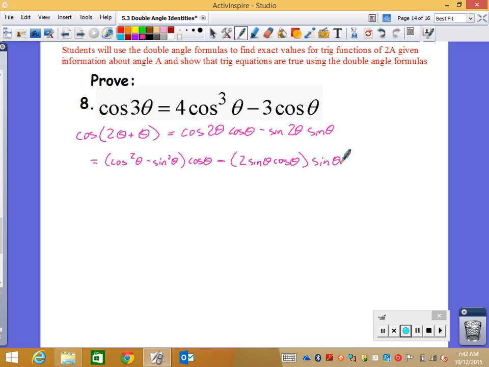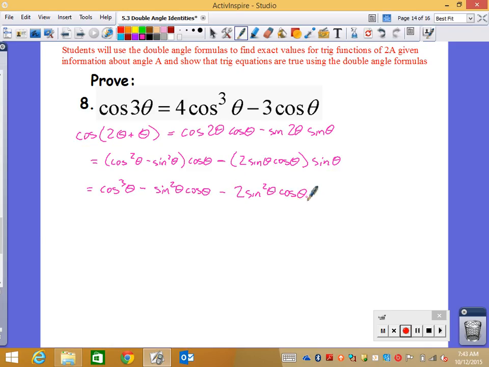So let's multiply everything out. Let's expand stuff. Distributing my cosine theta, I get cosine cubed of theta minus sine squared theta cosine theta. So that's just multiplying out and distributing that cosine theta. Minus, distribute this out, 2 sine squared of theta cosine theta.